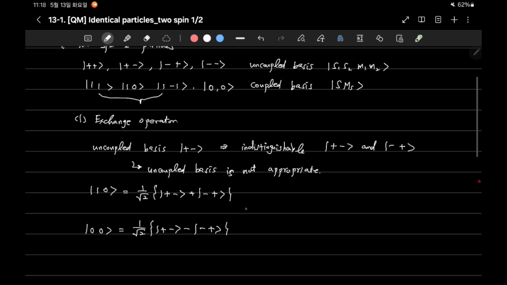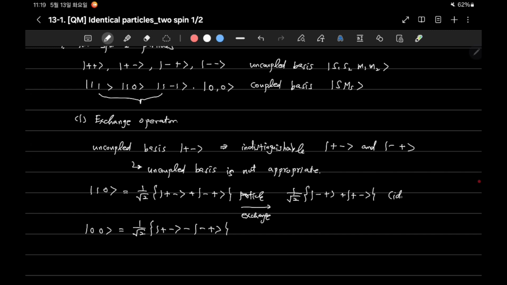Then let's think about the particle exchange. Under the exchange for the first case, 1 over square root 2 times up-down plus down-up, because of the exchange between two particles, up-down becomes down-up, and down-up becomes up-down. Because this plus case is the same as the 1, 0 state, it is identical.